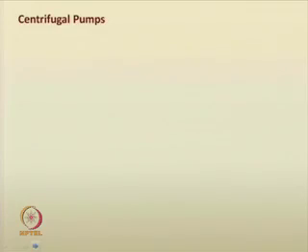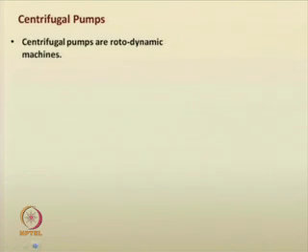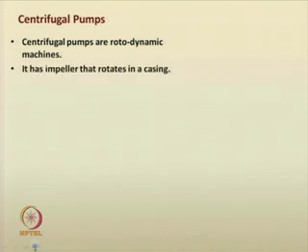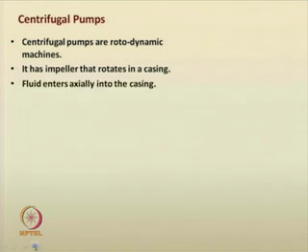One of the most importantly used dynamic pumps is the centrifugal pump. So, we will first deal with centrifugal pumps. What is meant by a centrifugal pump? We will just have a brief discussion today on those aspects. Centrifugal pumps are a type of rotodynamic machine. It has an impeller that rotates in a casing, and fluid enters axially into the casing.